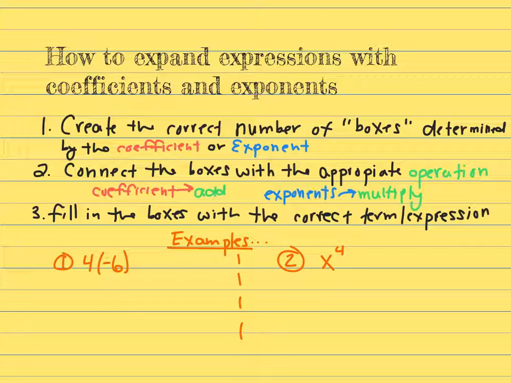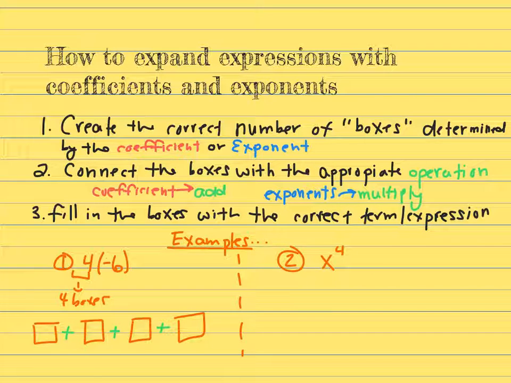So if we do example number 1 here, the coefficient means we need 4 boxes because that coefficient comes first. So I'm going to write 4 boxes. That's step number 1. Now we need to connect those boxes with the appropriate operation. And we know that if it's using a coefficient, that's repeated addition. So I'm going to connect the boxes with addition.